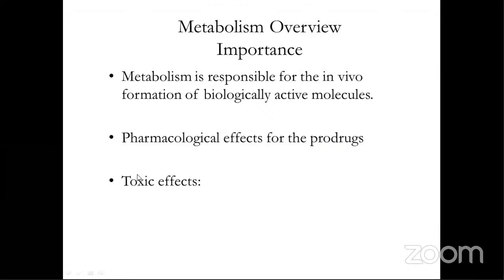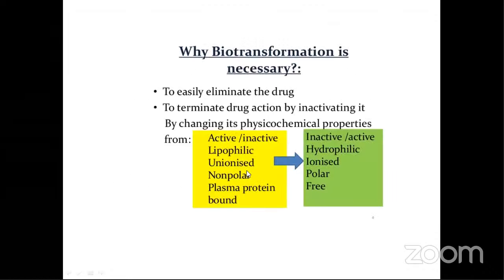Then toxic effects. Any drugs having toxic effect can be identified by metabolic studies. Other things, like to find out easily the elimination of the drug, whether the drug is eliminated properly or not.